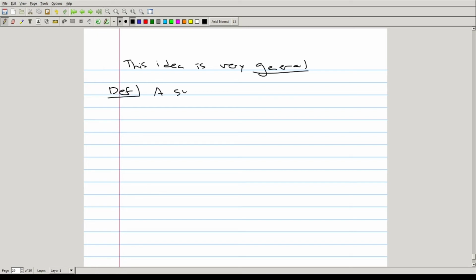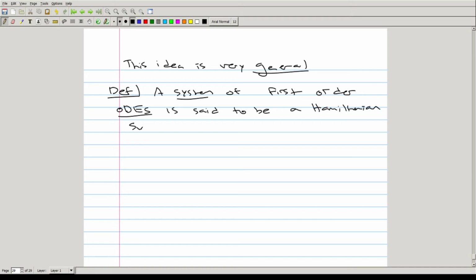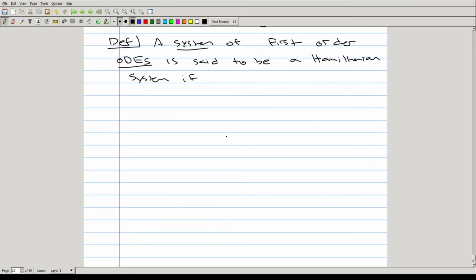So a system of first order ordinary differential equations is said to be a Hamiltonian system if it can be expressed as follows.